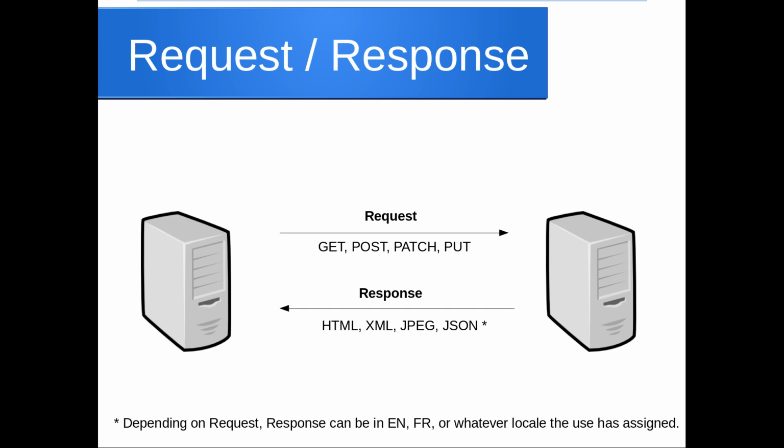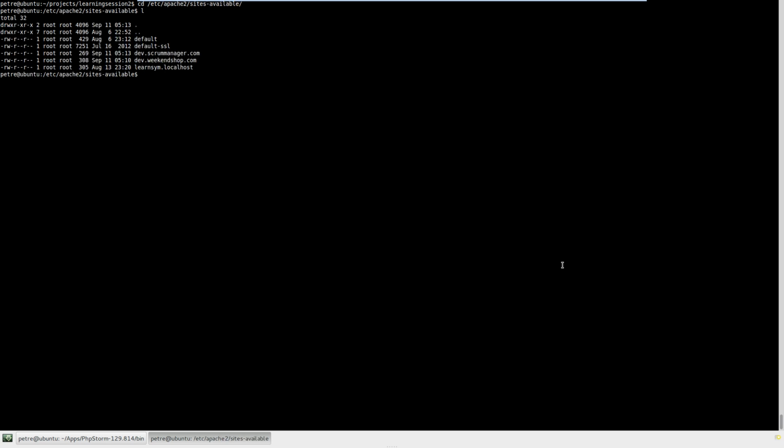Okay, so let's make sure that our application is really working. First step to doing that would be to create a virtual host, reload Apache, and then just show how it works. So let's open up a terminal, and I'm going to go into /etc/apache2/sites-available. Now, I'm just going to copy one of my previous configurations, but I'll show you what's in it anyway.